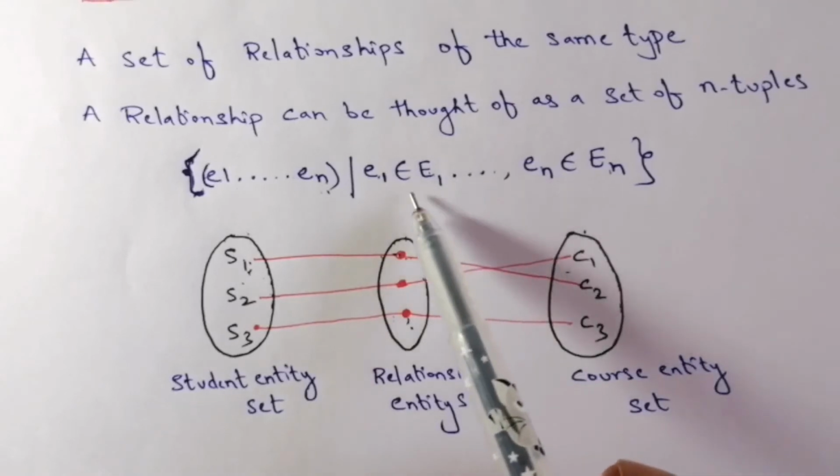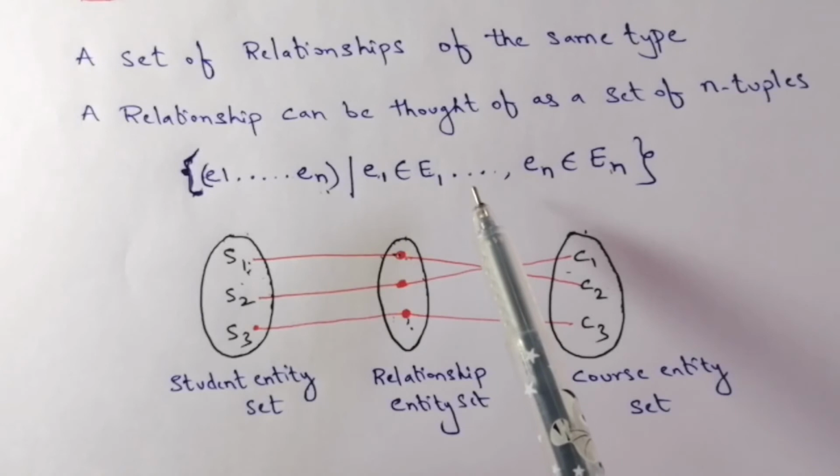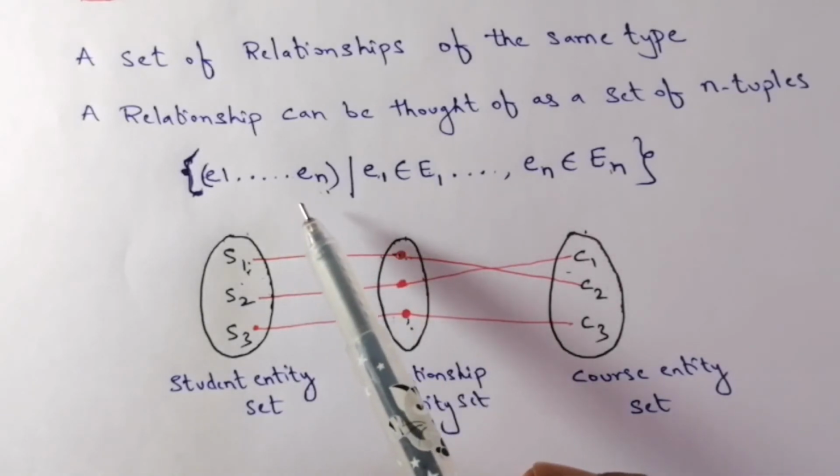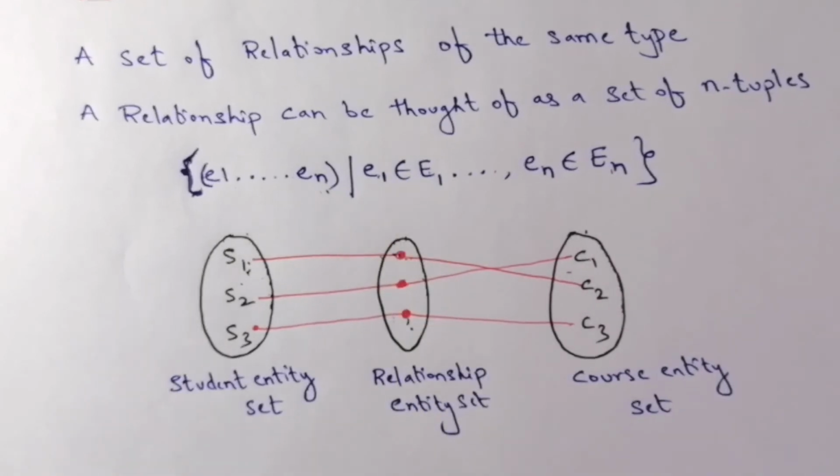Like this, there can be many entities participating. Those entities' attributes are going to be with the relationship set. A set of relationships of the same type is called a relationship set.